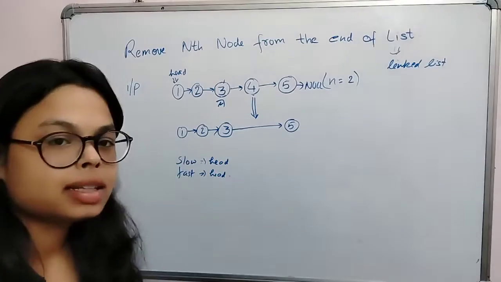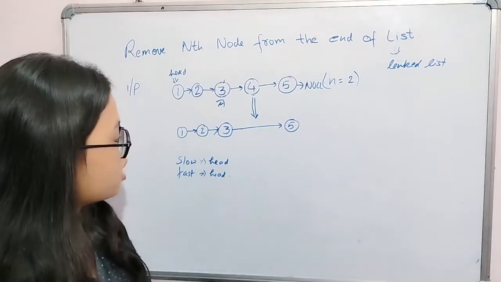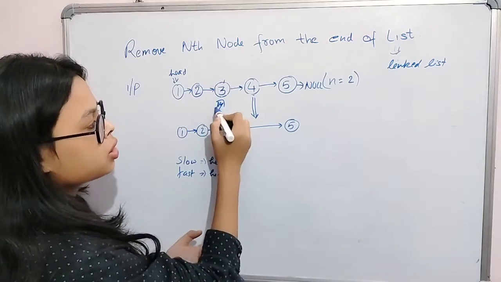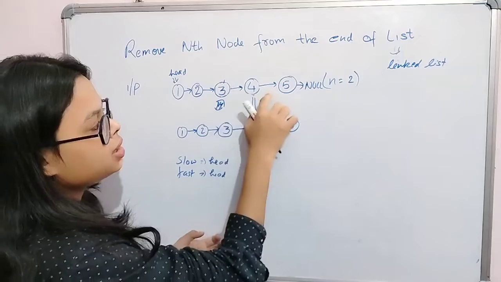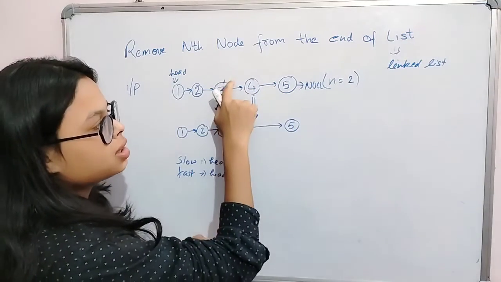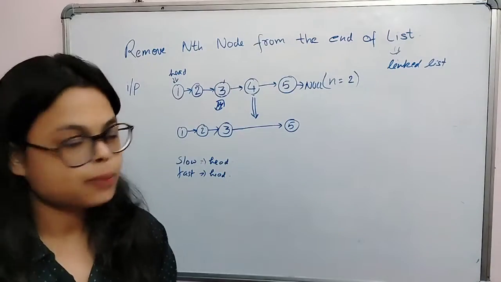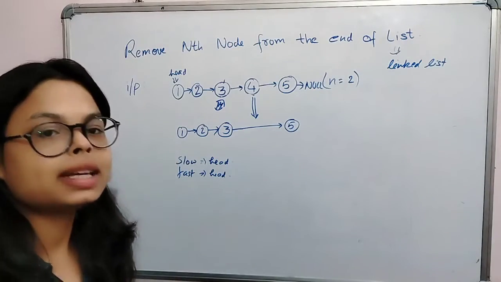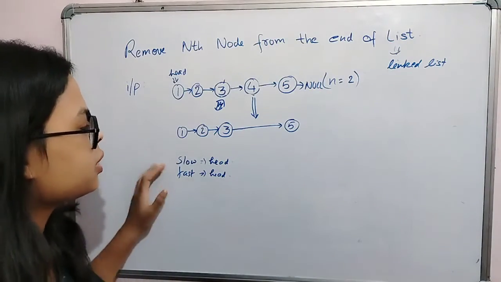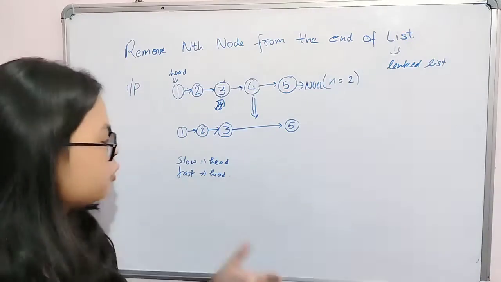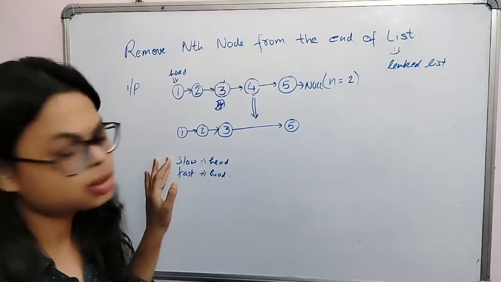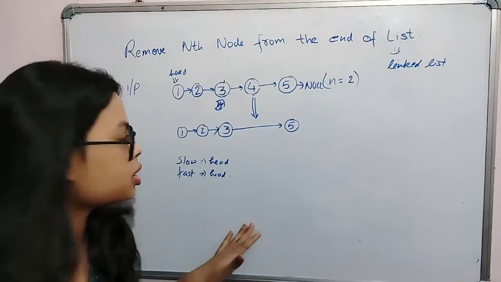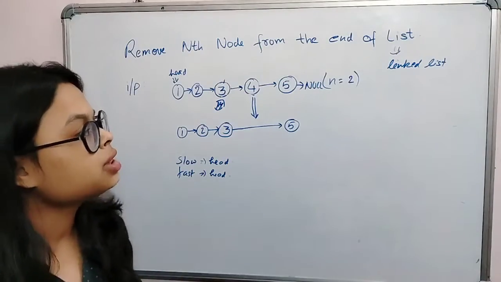Now let's think that we have two pointers, and we need to get the position of this index so that I can delete this link and directly link 3 with 5. Generally in the slow and fast concept, we move slow by 1 and fast by 2, but we are not going to use that here. We can use another way.